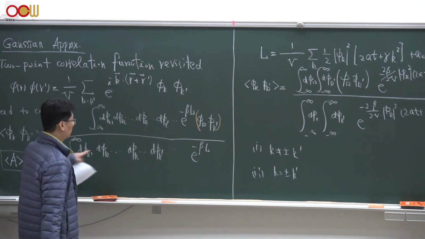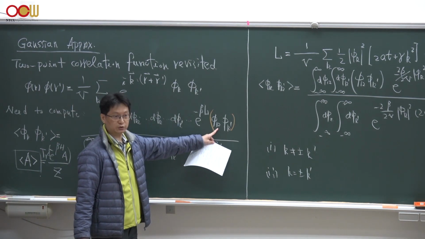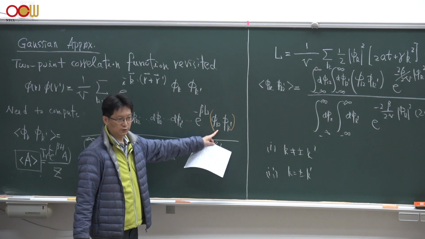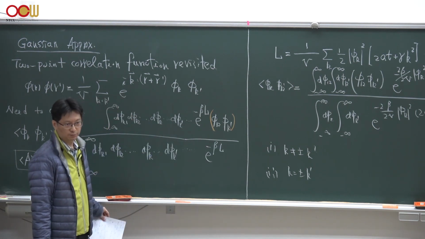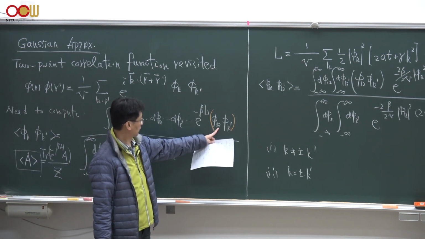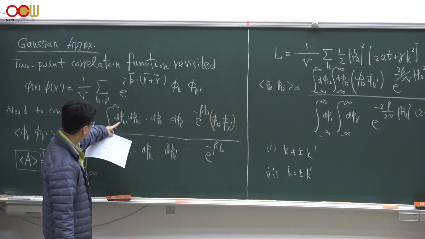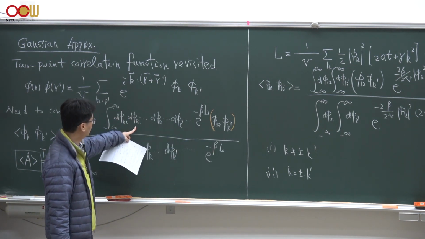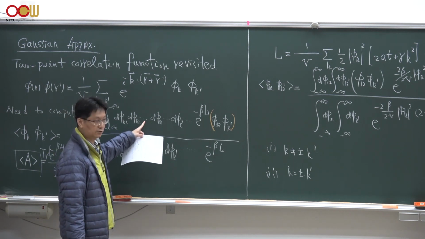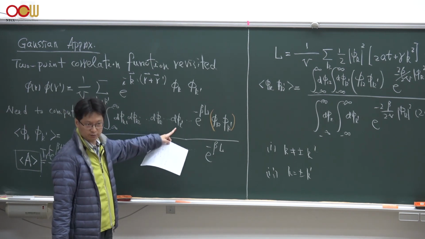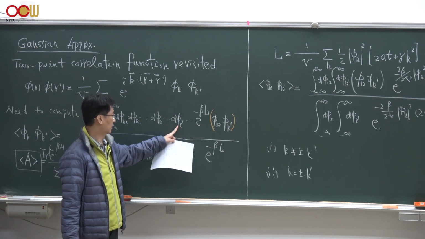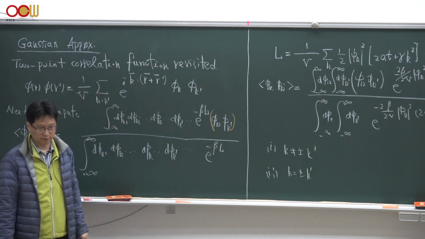The momenta that we want to evaluate belong to the N or infinite number of momentum points, which we call k and k'. The integration runs over phi_k1, phi_k2, phi_k3, up to phi_k, phi_k', and all the way to the very end, phi_kN.